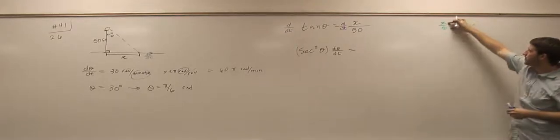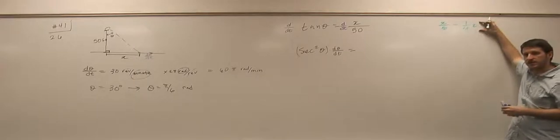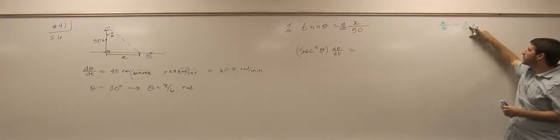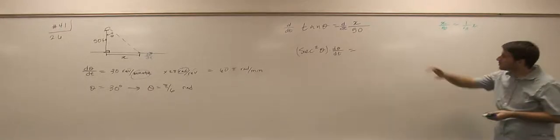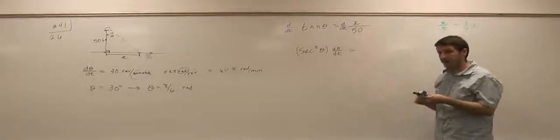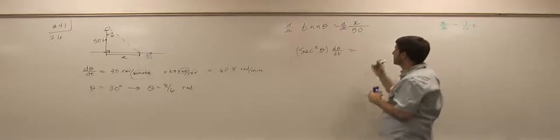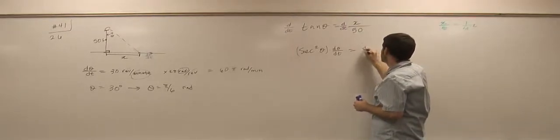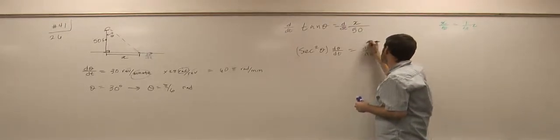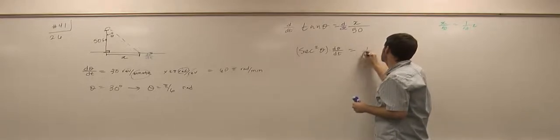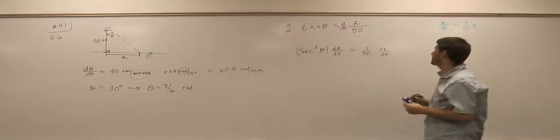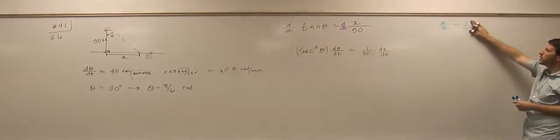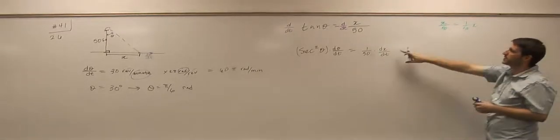So what's the derivative of 1/50th x? 1/50th. But if I'm doing the derivative with respect to time, it'll be 1/50th times dx/dt. Usually the derivative is just 1/50th, but then the derivative of x has to be multiplied.